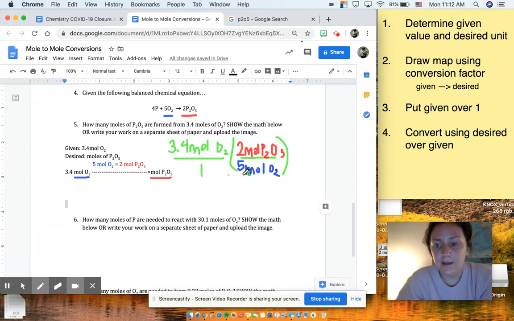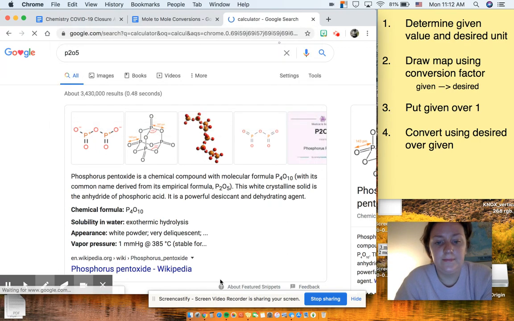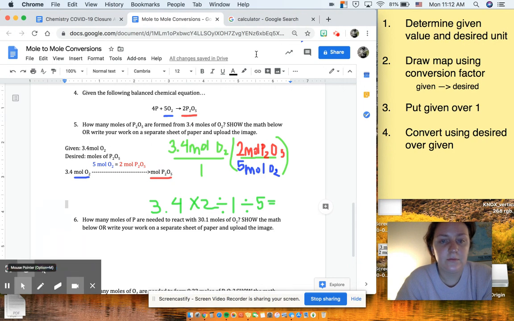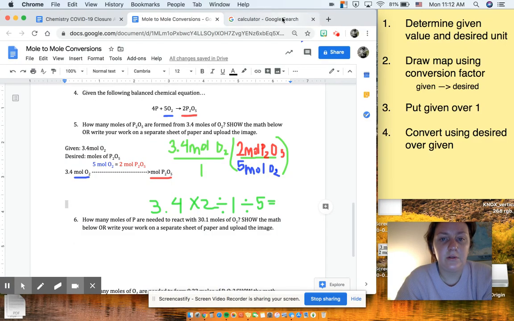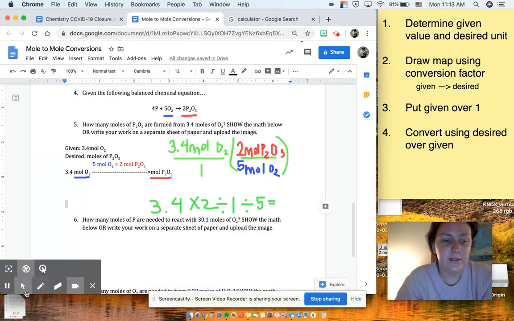All I have to do, same thing, multiply across the top, divide across the bottom. 3.4 times 2 over 1 over 5. And let's plug that into our calculator. Calculator. You can use the app too, but this, for whatever reason, feels easier. So it's 3.4, what was it, times 2 divided by 1 divided by 5. 1.36 is our answer.